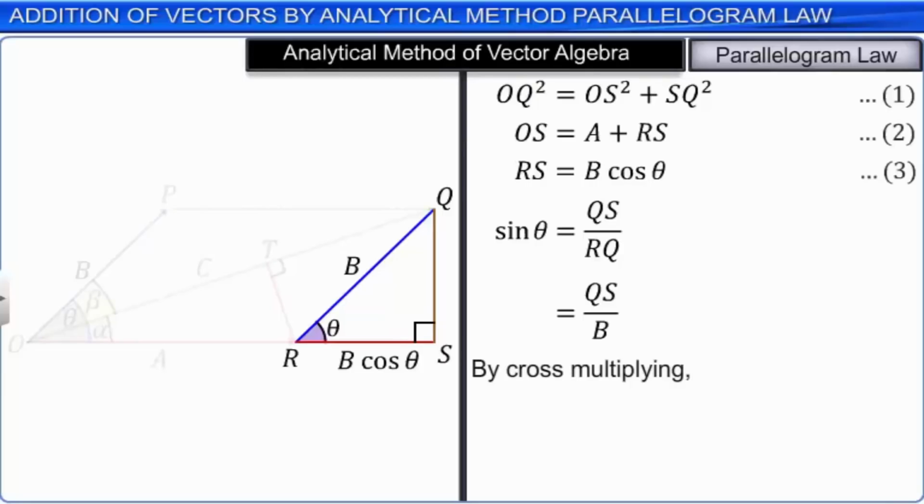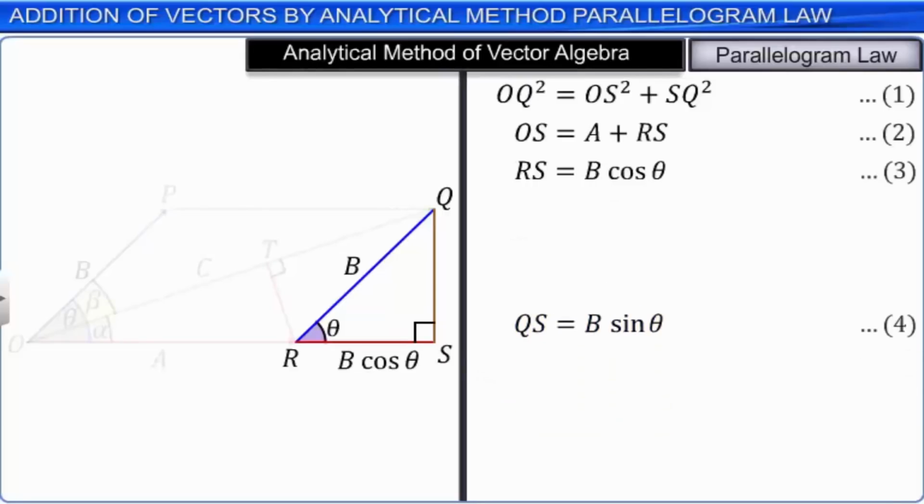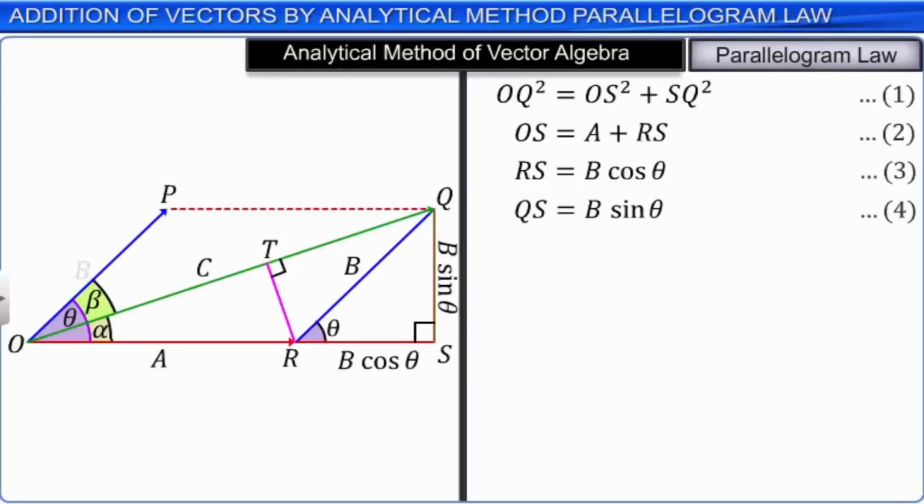Substitute equation 3 into 2. We get OS is equal to A plus B cos theta. Let this be equation 5. Substitute equations 4 and 5 in 1.